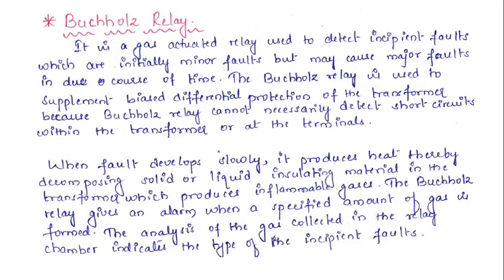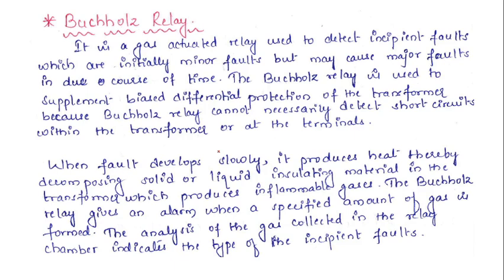Now we'll move on to an important section of the transformer protection, a very important concept known as a Buchholz relay. This is a relay which is used for the protection of the transformer against the incipient faults. What we have discussed just now, the faults which are minor during the initial time period, and as time passes, in due course these faults become very severe and damage the performance of the transformer, or damage the transformer itself.